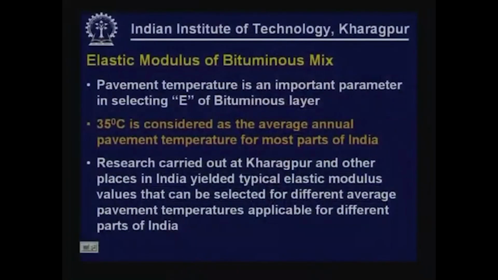Research carried out at IIT Kharagpur and other places in India yielded typical elastic modulus values that can be selected for different average pavement temperatures applicable for different parts of India.